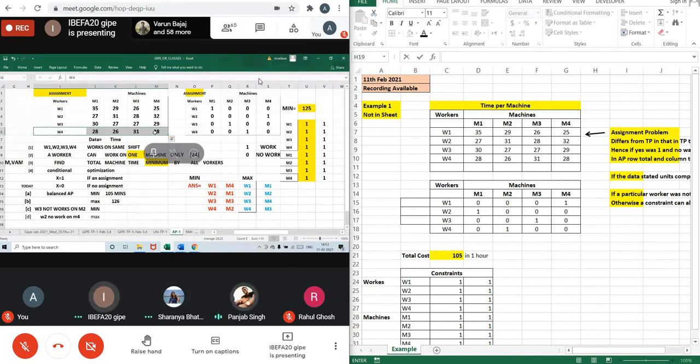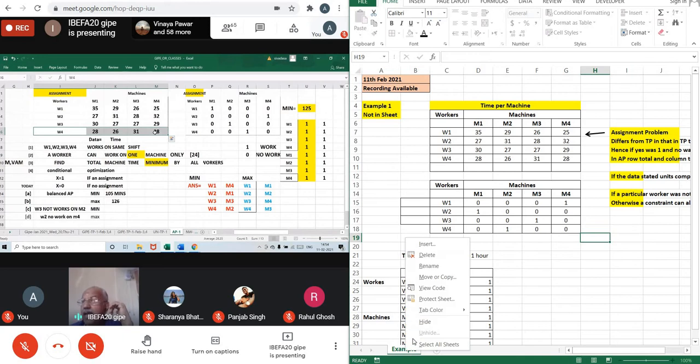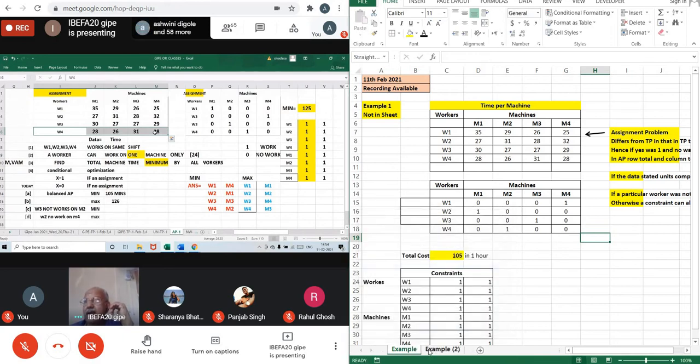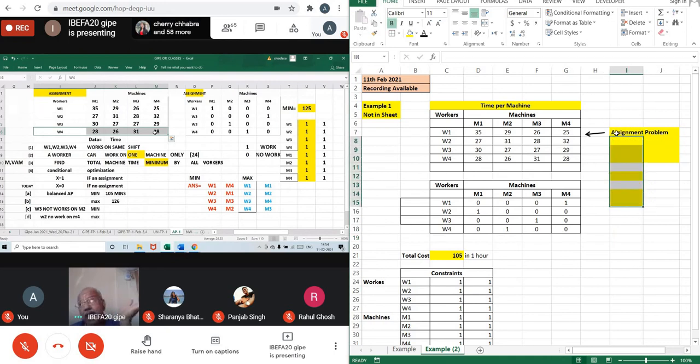Unbalanced. So one machine will be idle. How shall I make it a balanced assignment problem?